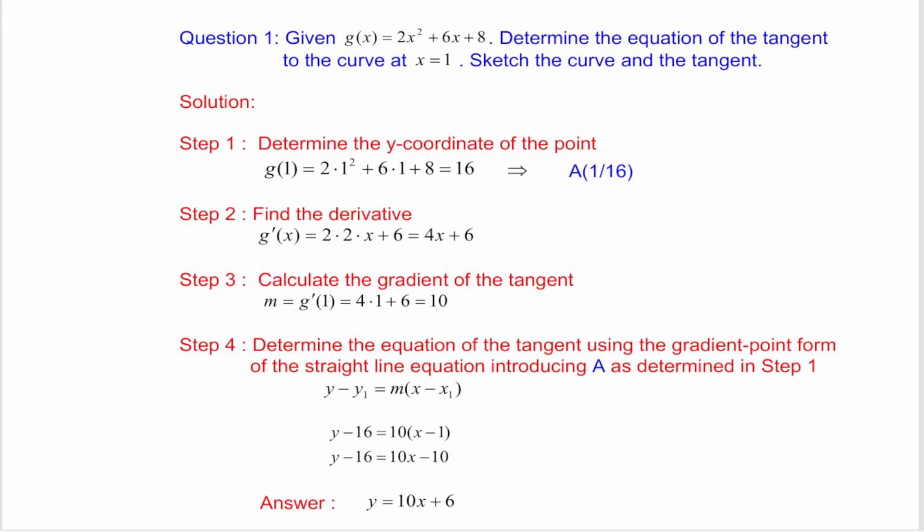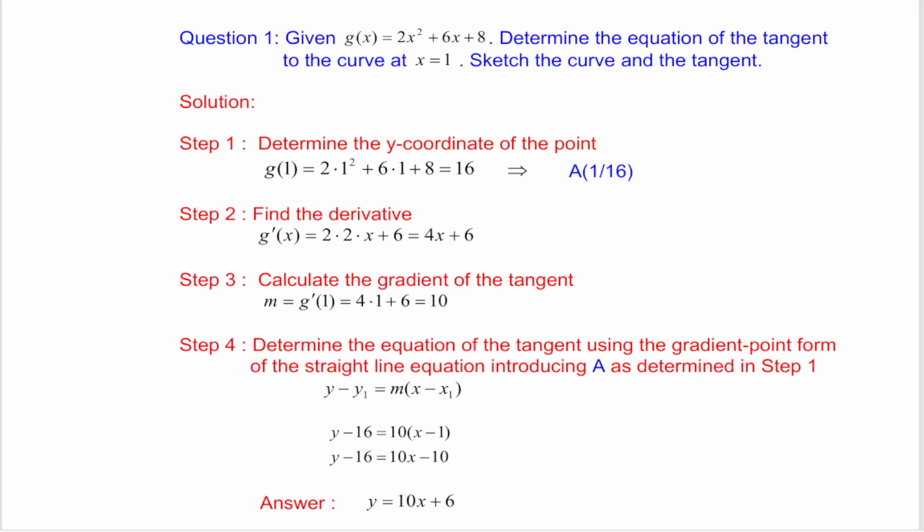Step number 1, determine the y-coordinate of the point. By introducing g of 1, we will find as a result 16. That means that we have now found the complete point A with the x-coordinate 1 and the y-coordinate 16.